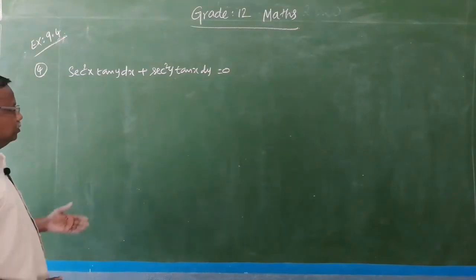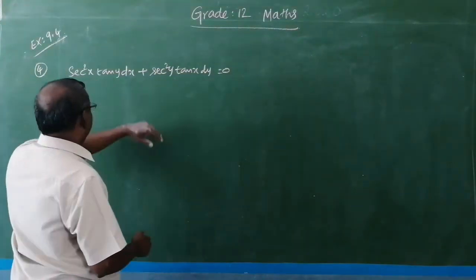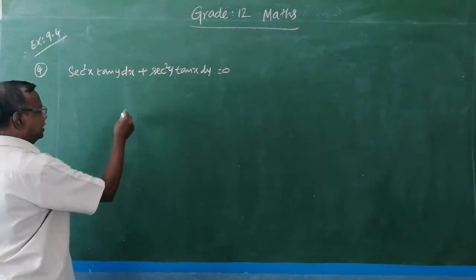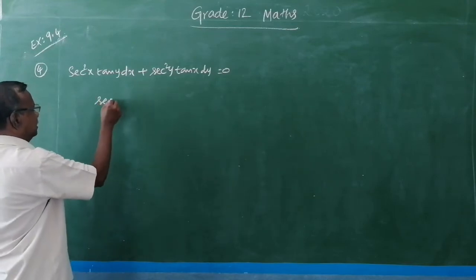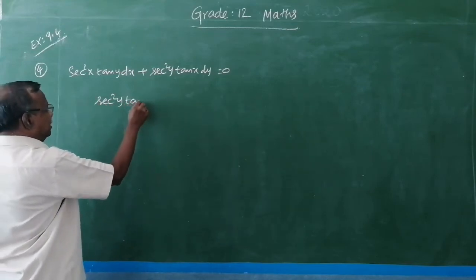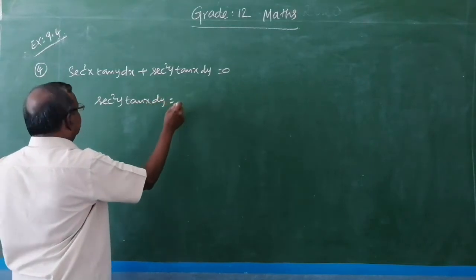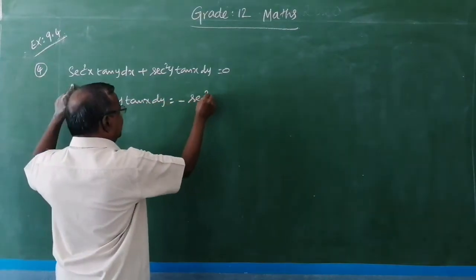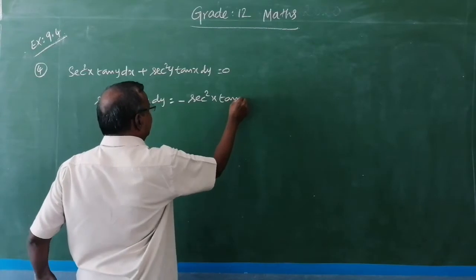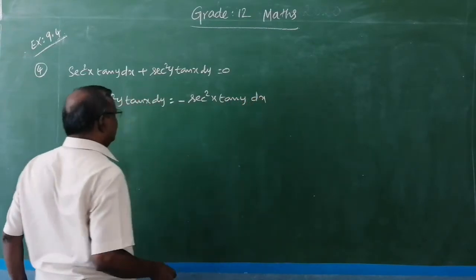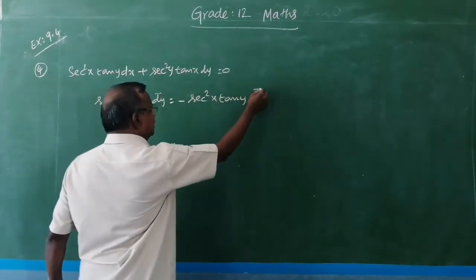As I told you, I keep dy here and bring the dx term to the right side of the equal to symbol, that is secant square y tan x into dy equal to minus secant square x into tan y into dx. Now keep the dy and dx as it is.